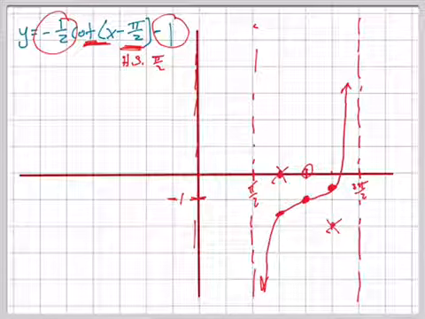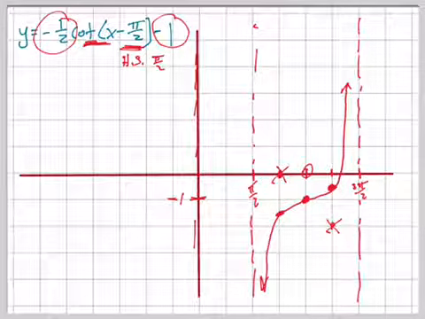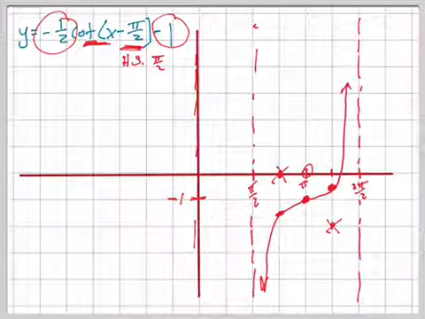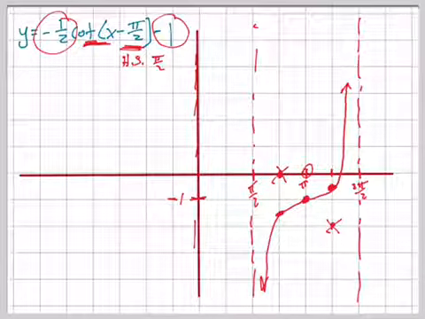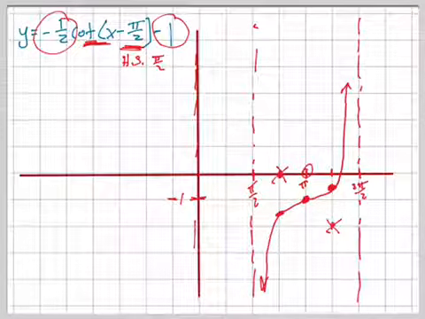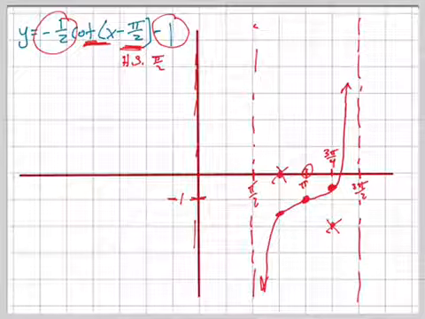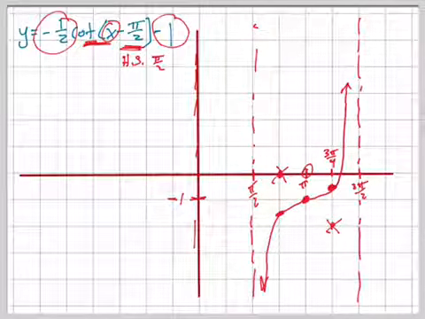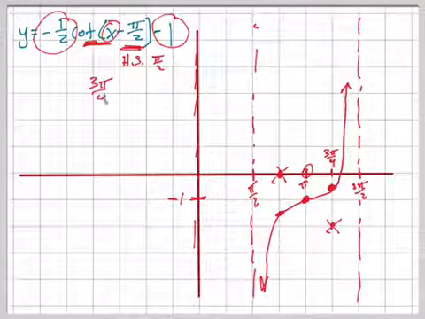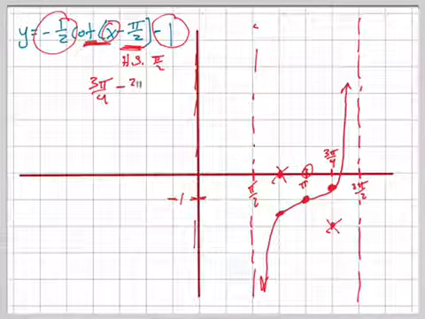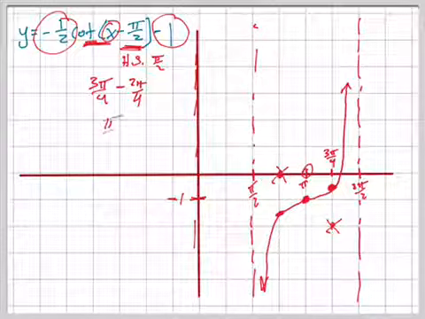And to test it, to make sure it works right, plug in some points. Plug in this point right here, which, if we say this was pi, that would be 3 pi over 4. So test it, plug in 3 pi over 4 right here. 3 pi over 4 minus pi over 2, which is 2 pi over 4, is pi over 4.